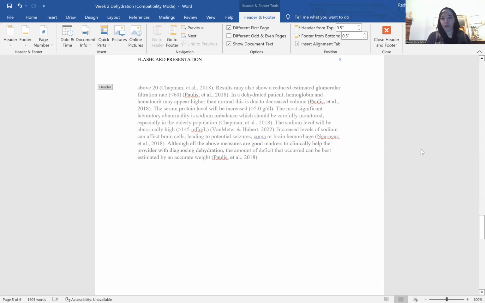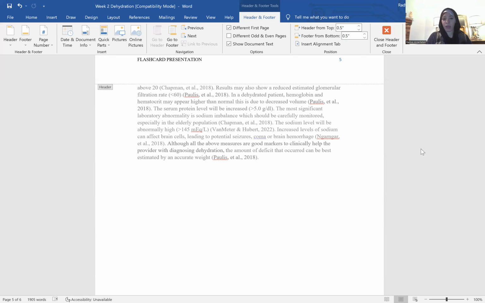Results may also show a reduced estimated GFR that is less than 60. In a dehydrated patient, hemoglobin and hematocrit may appear higher than normal. This is due to decreased volume. The serum protein level will be increased to be greater than 5.